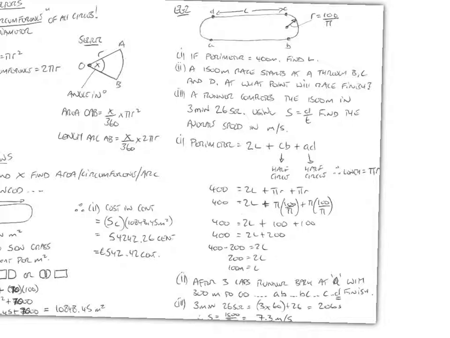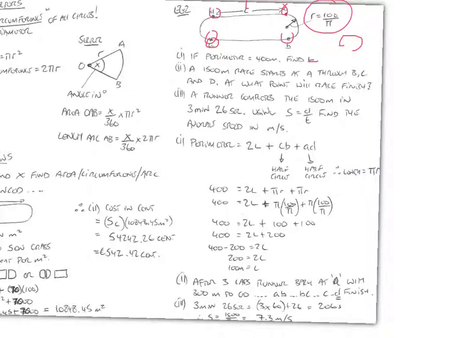We have a running track that's made again of a rectangle and two semicircles, one at each end, of radius r equals 100 over pi, and we can see the points A, B, C, and D denoted on the running track, and the length L. And the question says, if the perimeter is 400, find L. Then part 2 is a 1500 metre race, starting at A, going round through B, C, D, back to A. At what point will the race finish?